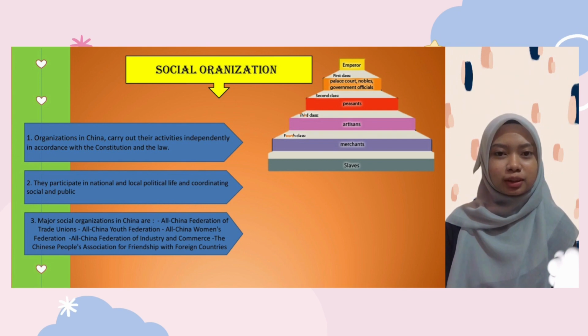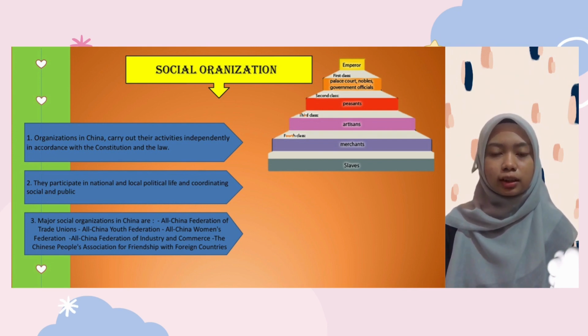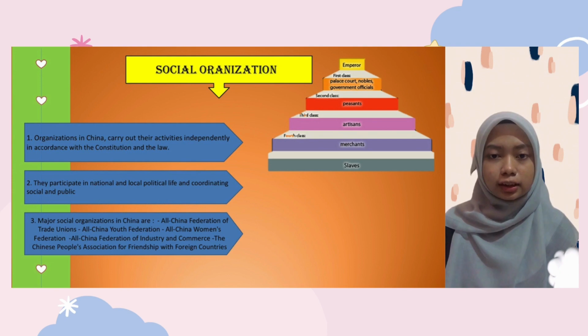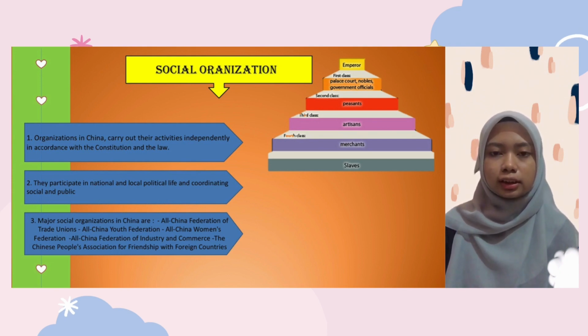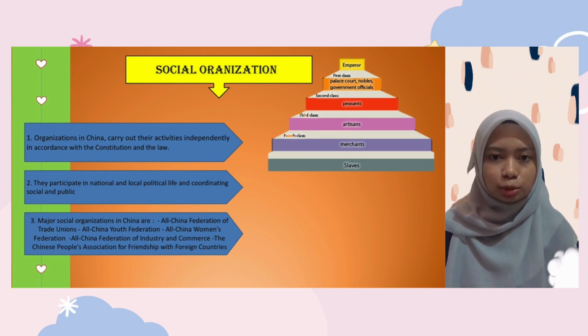Apart from the above mentioned social organizations, there are many others, including the China Federation of Literary and Art Circles, the Chinese Writers Association, the All China Journalists Association, the China Association for Science and Technology, the All China Federation of Returned Overseas Chinese, and the China Disabled Persons' Federation.